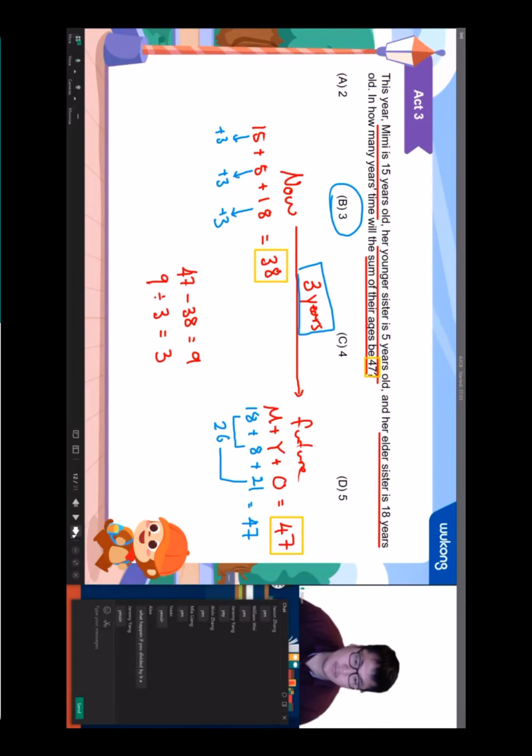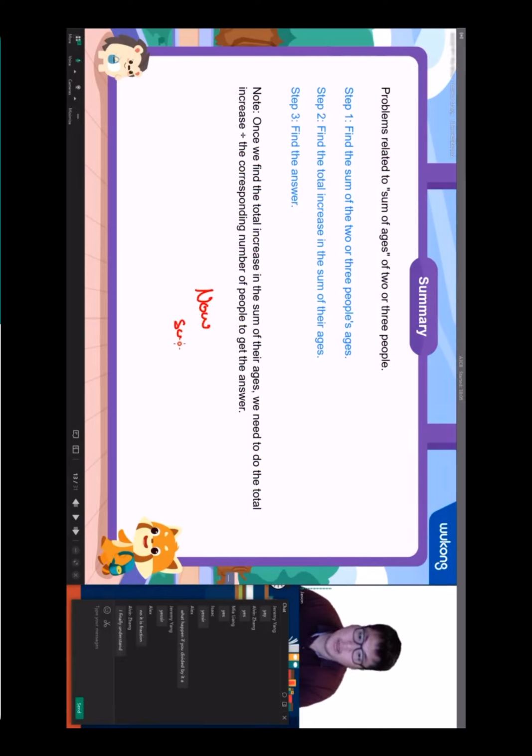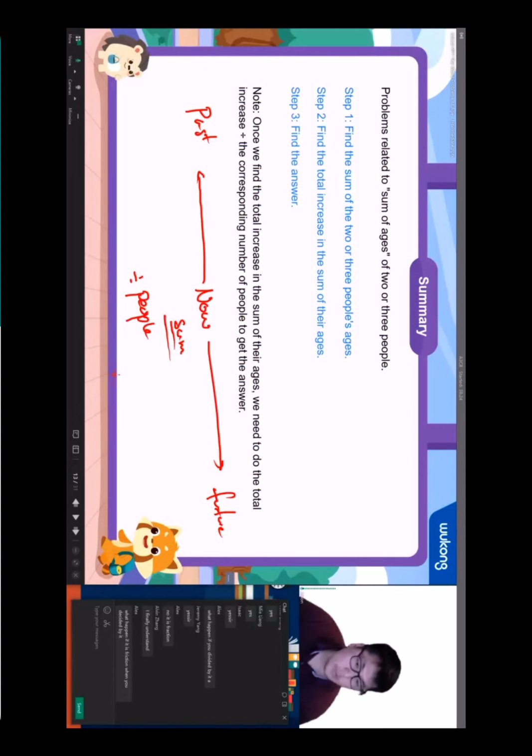First of all, you need to write down the sum of this year, and you need to think, are we working with the future or the past, by comparing the sum. And always divide it by the number of people. If you have 2 people, divide it by 2, divide it by 3 if you have 3 people, divide it by 10 if you have 10 people. So that's how you do it.